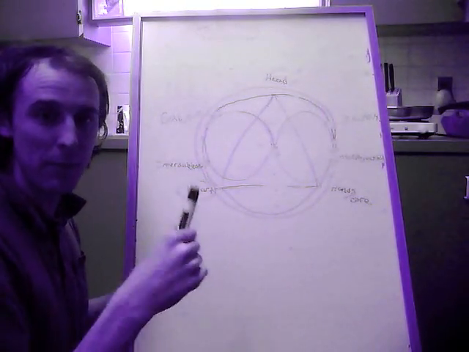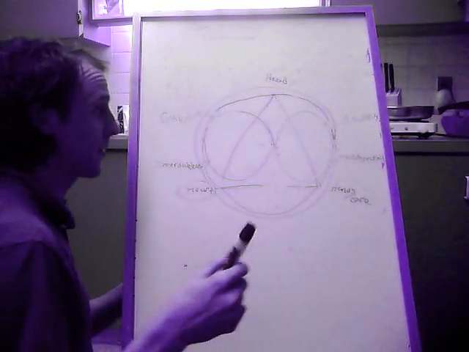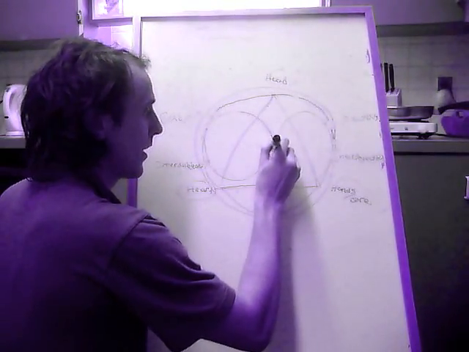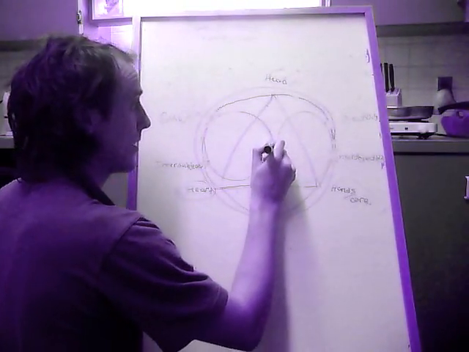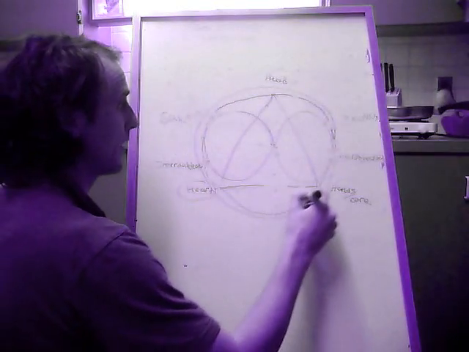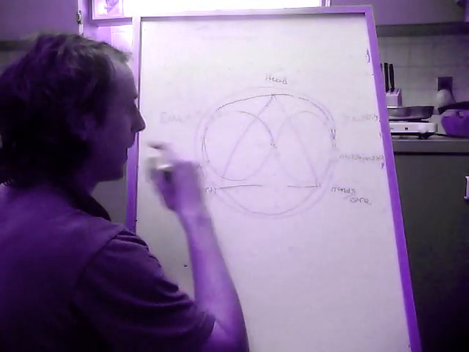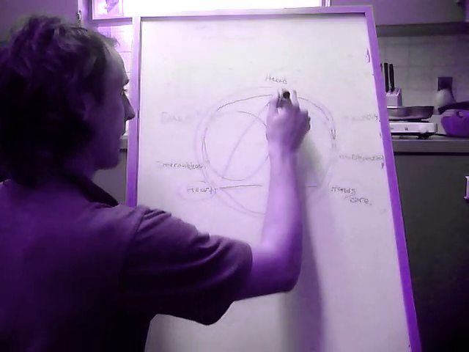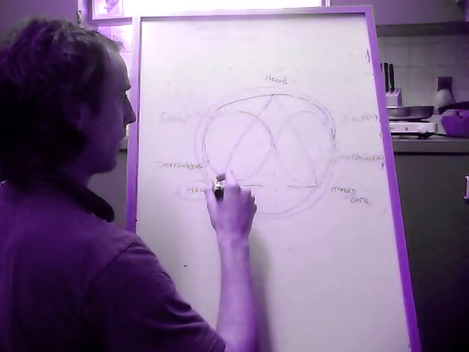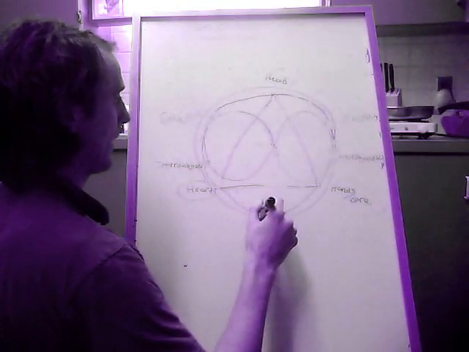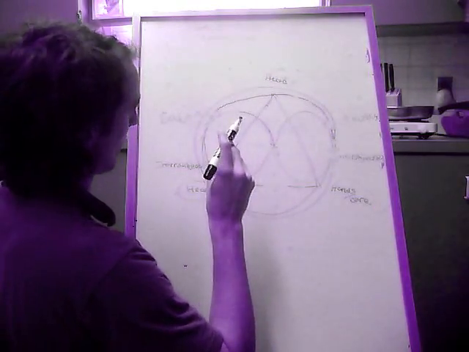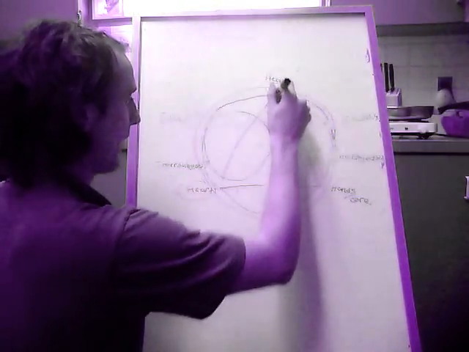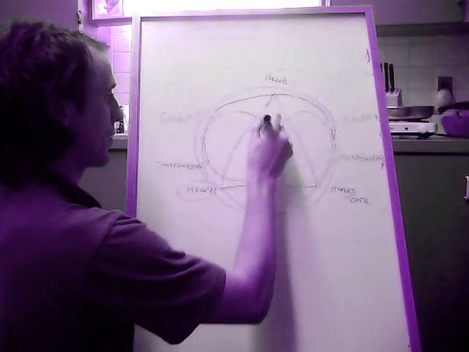Now, this is how we might be able to parallel this with states of consciousness. So this is the causal state. This is the subtle state. This would be the astral state. Sorry, no, wait. Yeah, subtle state, astral, and then this is gross.